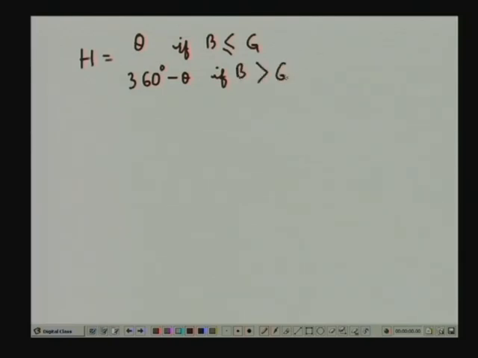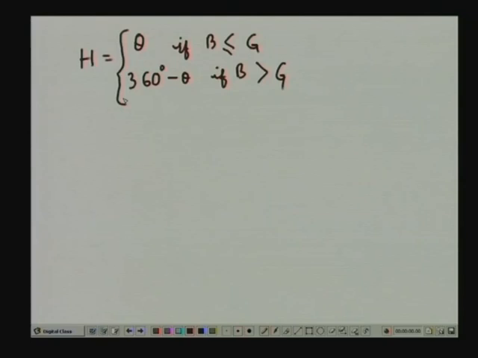So, here the hue component H will be simply given by an angle theta, and as we said, this theta is measured anti-clockwise from the direction of red. So, H will be equal to theta if the blue component is less than or equal to the green component, and it will be 360 degree minus theta if the blue component is greater than the green component.